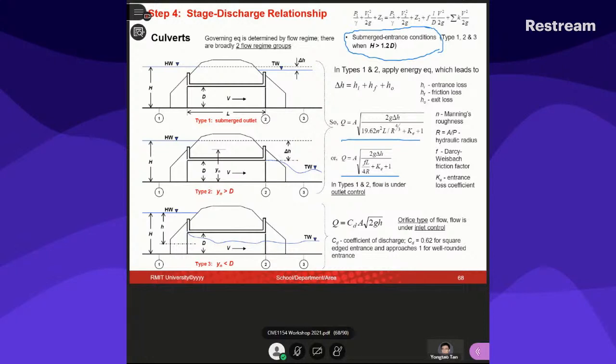Firstly, we assume the flow is type 2 and calculate the discharge using equation 1 or 2.